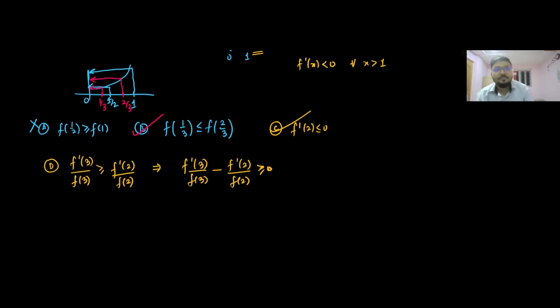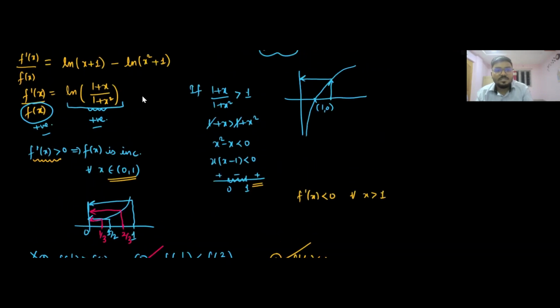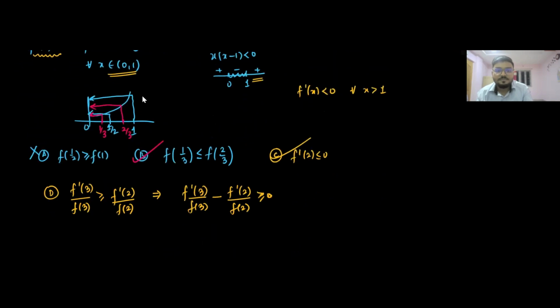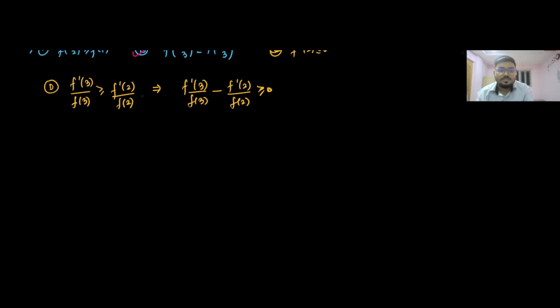Okay, let's try. Already we have got this expression, f dash x by f x, which is ln x times (1 plus x) divided by (1 plus x square).